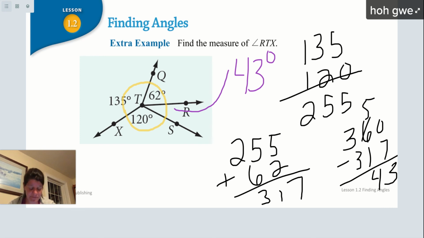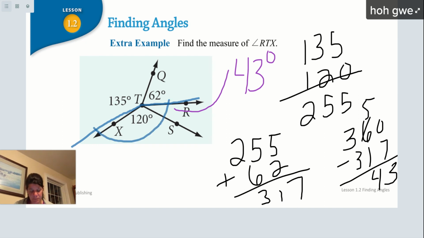Once I have that, I want to know what RTX is. So I'm looking for this angle.